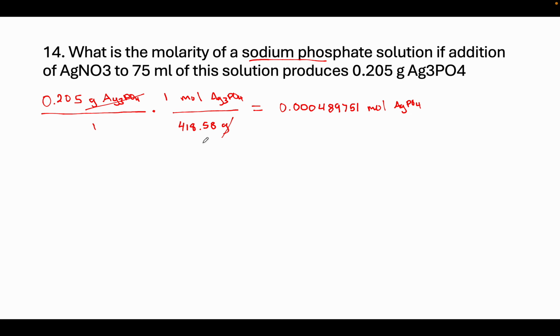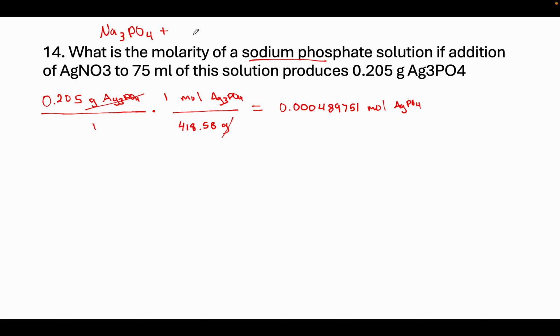Remember what I said. If we're going from one chemical to another, so in this case from sodium phosphate to silver nitrate, we're going to need a balanced chemical equation. That's my bad. I should have noticed that right away. So real quick, we got sodium phosphate, Na3PO4, plus we got AgNO3.